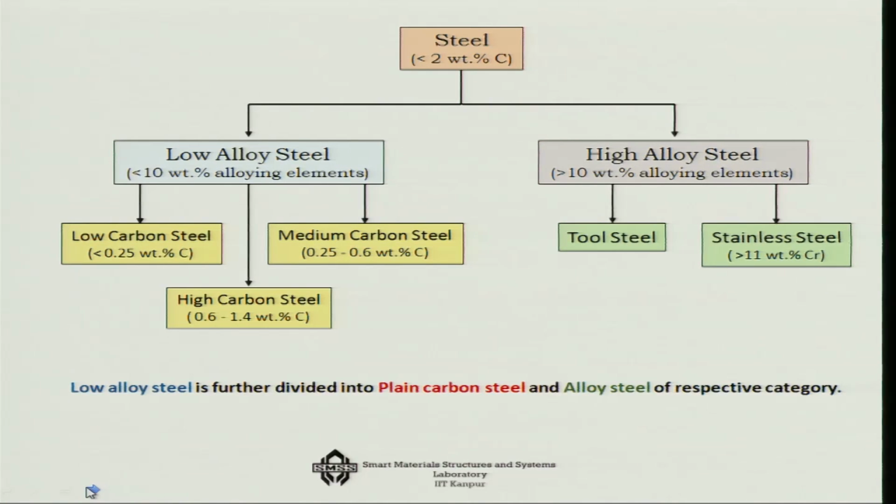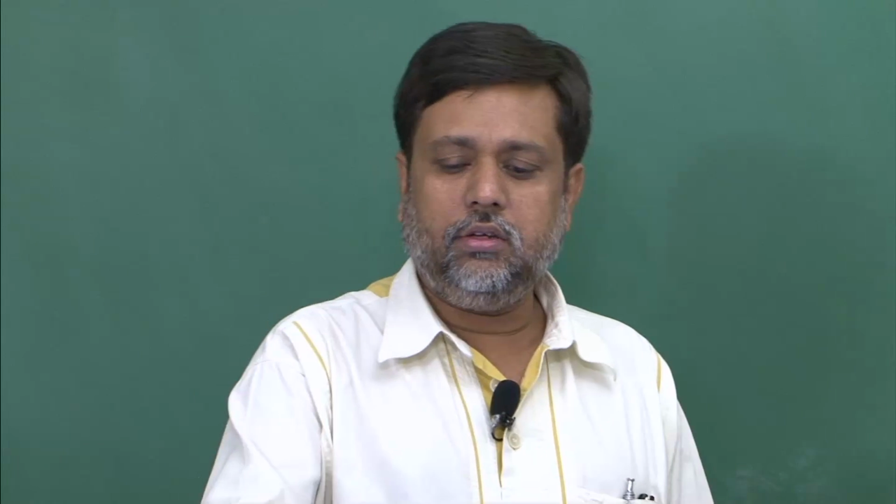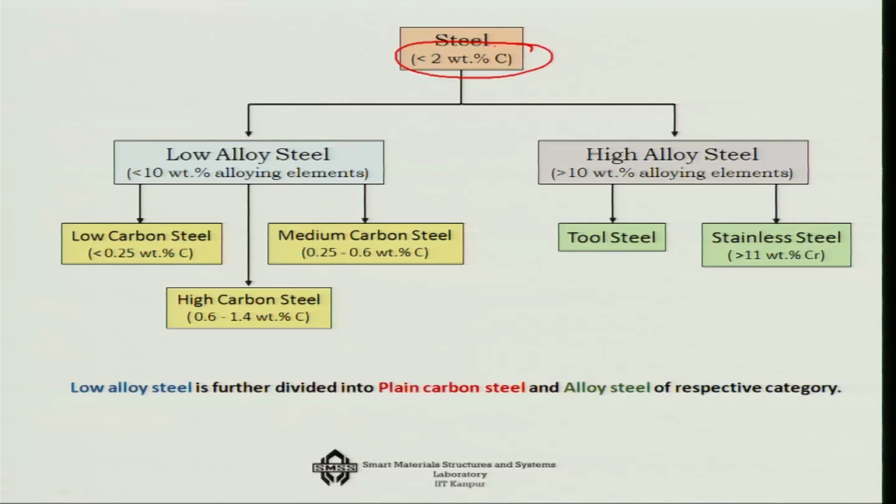Now, steel, we know that it is a solid solution which has interstitial carbon present in it, but the presence of carbon is small, less than 2 weight%. If it becomes more, then we go to the cast iron phase. So, if it is less, then we get steel, but even that itself has many variations.